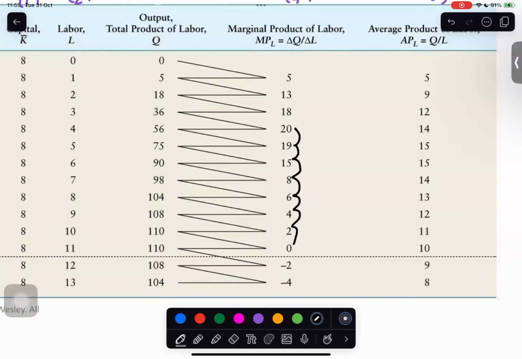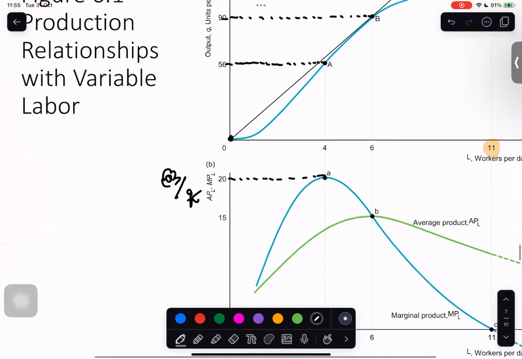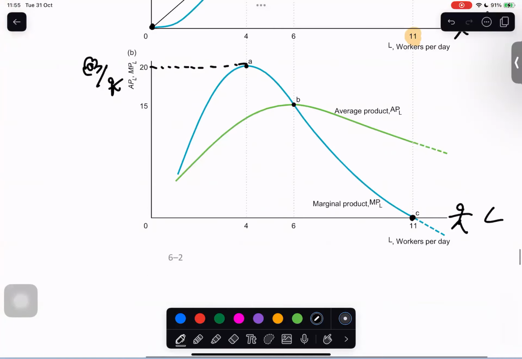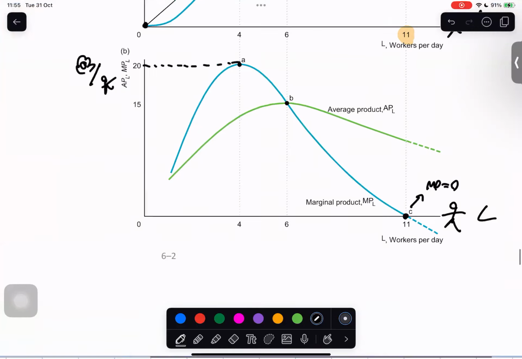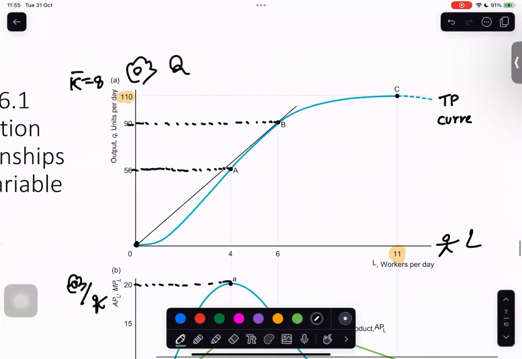Until the guy number 11, once we put him in, marginal product is 0. Adding more workers beyond this point, marginal product is negative, which make the total product fall like this, consistent with above.